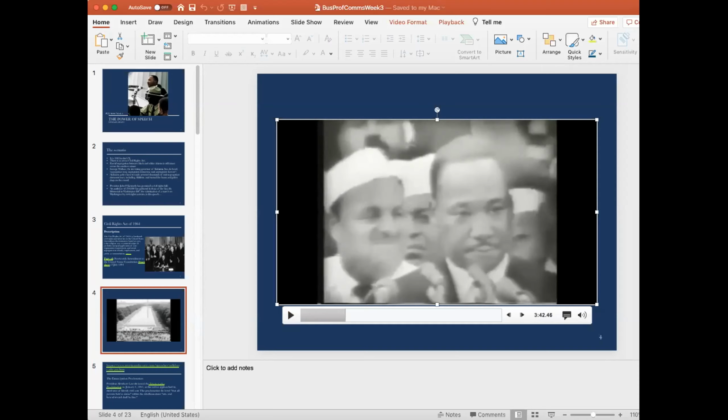At the latter part of this speech, Martin Luther King mentioned, I have a dream. I have a dream that one day every valley shall be exalted, every hill and mountain shall be made low. It's similar because it's also about change. You change mountain, you change valley, right? So that is the metaphor example.